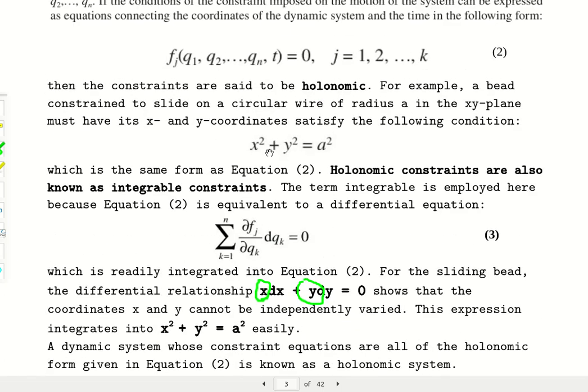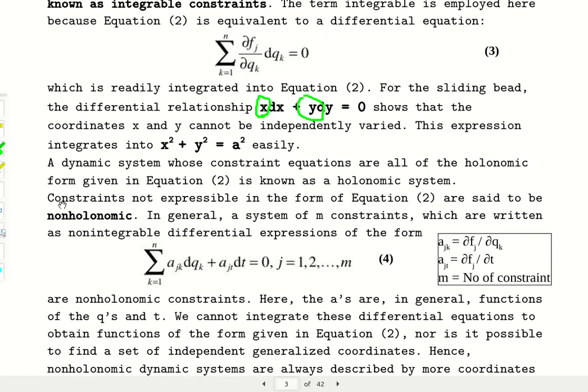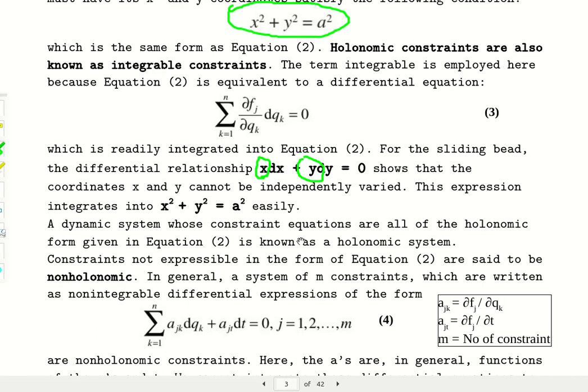So we can't get this kind of relation where the coordinates are related to each other, and take out a dependent coordinate from this equation. This type of constraint is called a non-holonomic constraint, and these non-holonomic constraints may have a differential form like this. If we compare with the differential form of holonomic constraints, the form is much more similar, but not integrable.